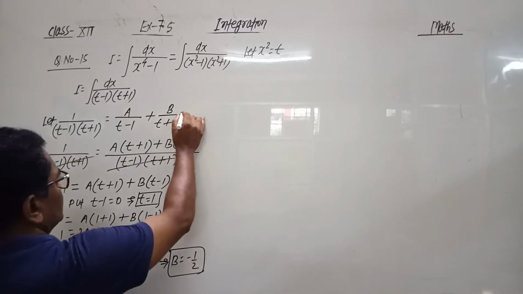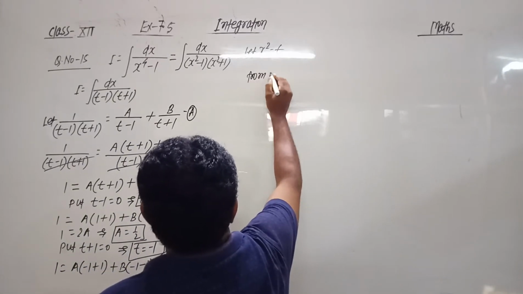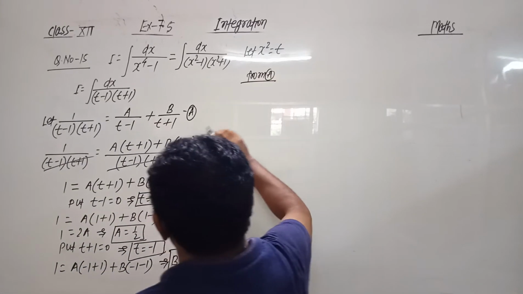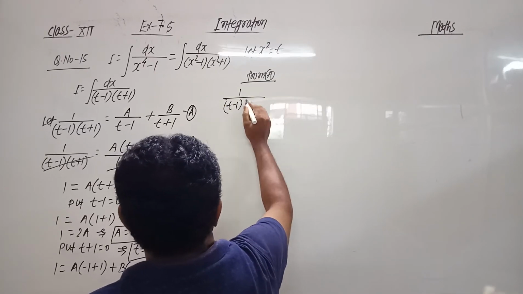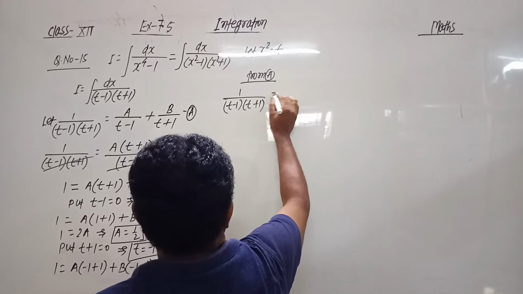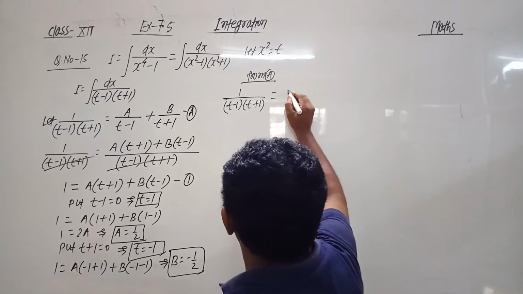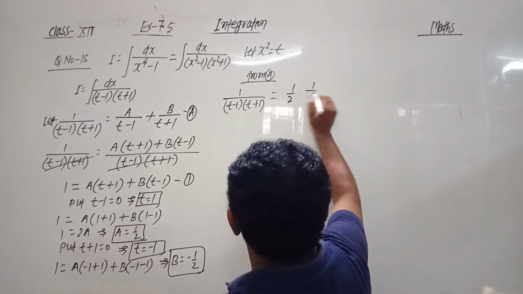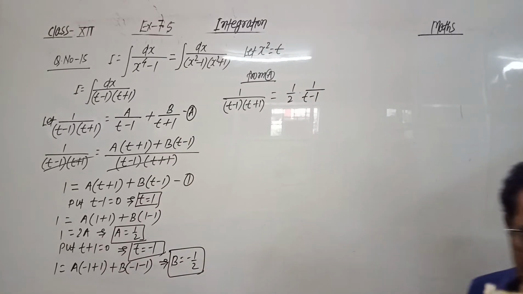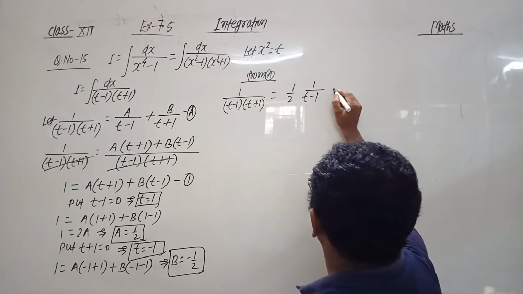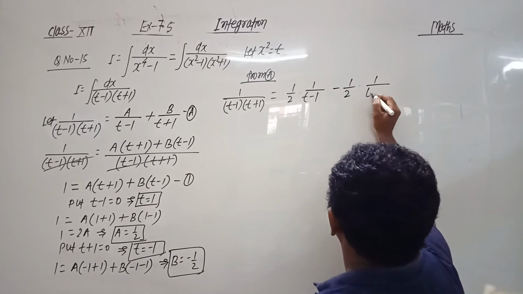Now from a and b we can write 1 upon t minus 1 into t plus 1 equals to, the value of a is 1 by 2, so 1 by 2 into 1 upon t minus 1. The value of b is minus 1 by 2, so minus 1 by 2 into 1 upon t plus 1.